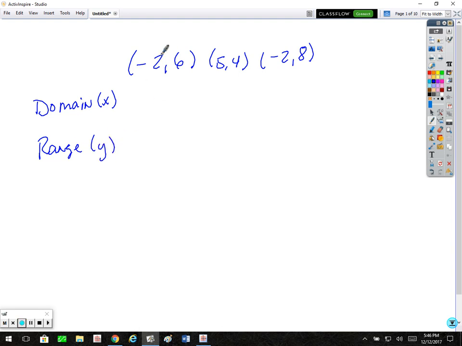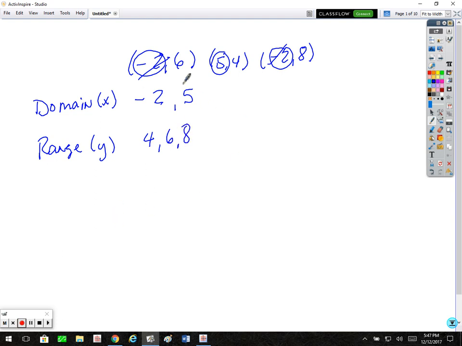Okay, so the domain here, I'm going to circle the first number. In this case, I have three numbers circled, but if you look here and here, these two numbers are the same, so I'm only going to write that domain one time. We don't write repeating numbers, because when I write it, it takes care of both of them. The domain will be -2 and 5. Well, the range, I have three different numbers, so I will put them in order: 4, 6, and 8.